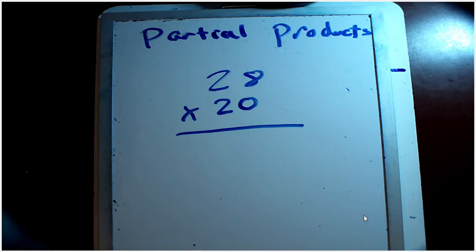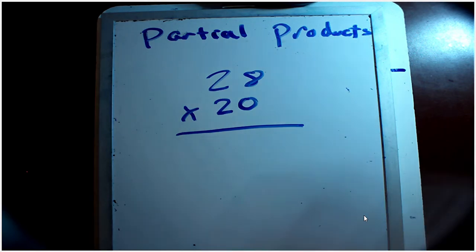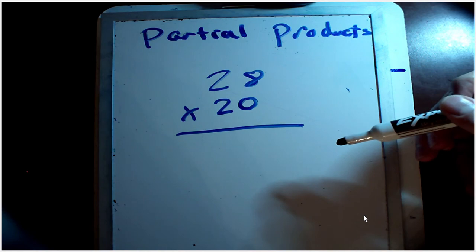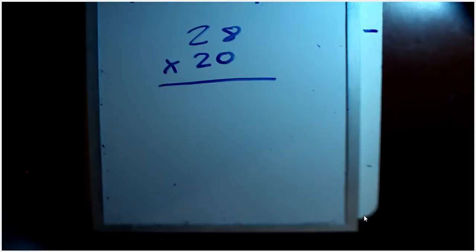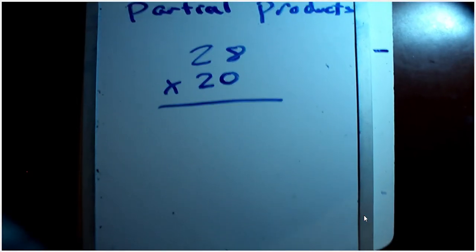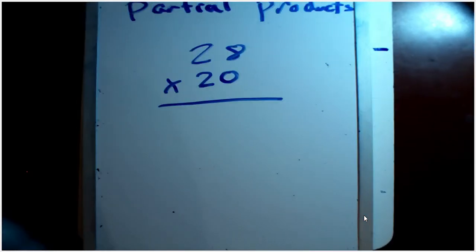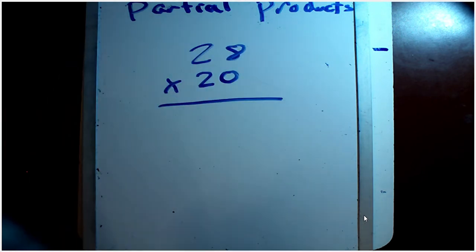That way you know you've gotten every step, because that's the one mistake that a lot of people that I've worked with over the years have made with this method, is that they forget to do all the steps. It's not that they don't understand it, they just forget to do a step. And with the standard algorithm, it's hard to forget that step because you're working from right to left. But we'll talk about that later this week.